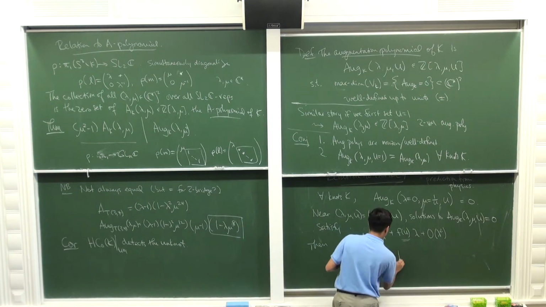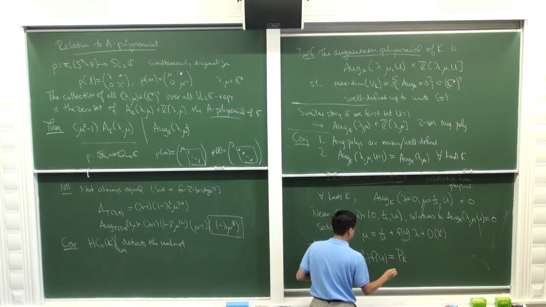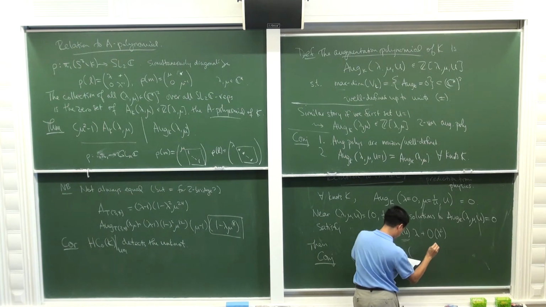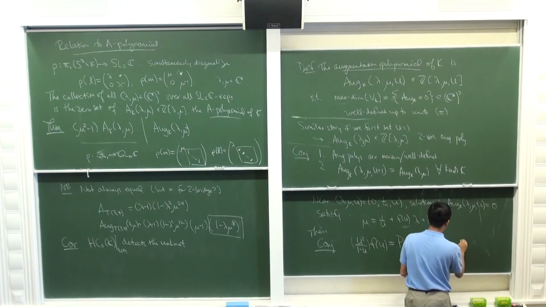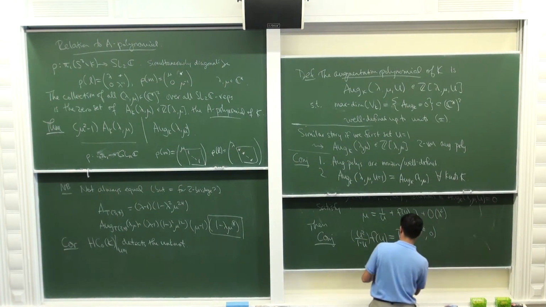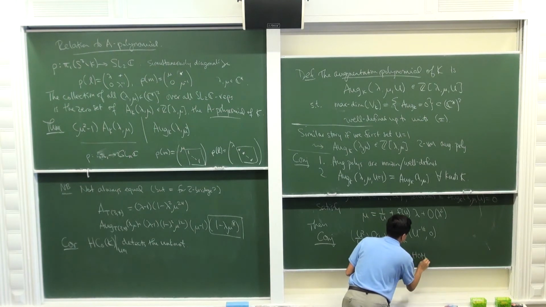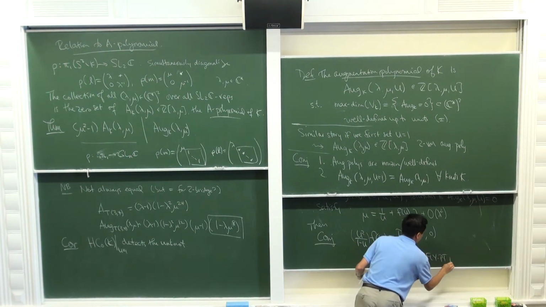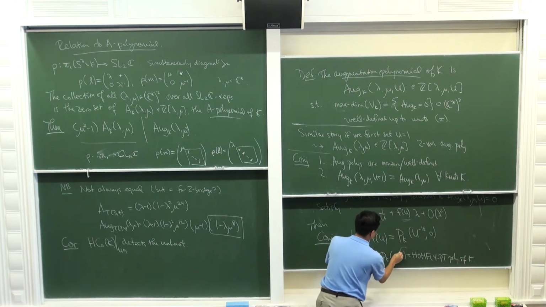This is in fact supposed to be, conjecture, P_K of u to the minus 1/2, 0, or P_K. This is some weird, or maybe not so weird, specialization.